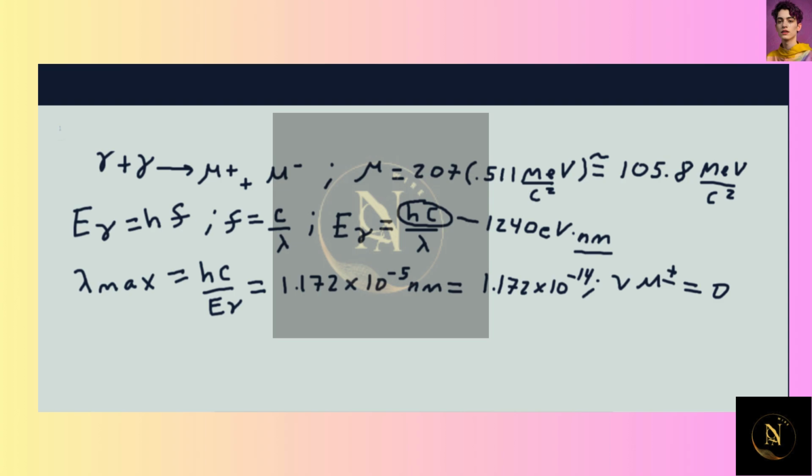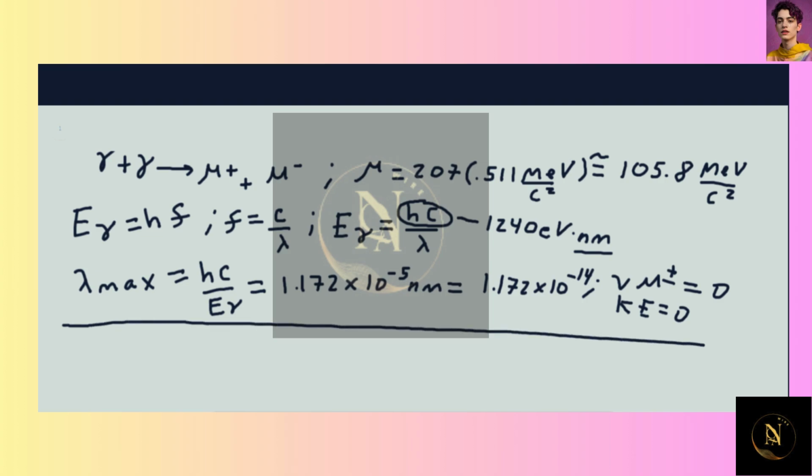There's no kinetic energy. K equals 0 because all the energy supplied by your photons was converted into just creating these particles.